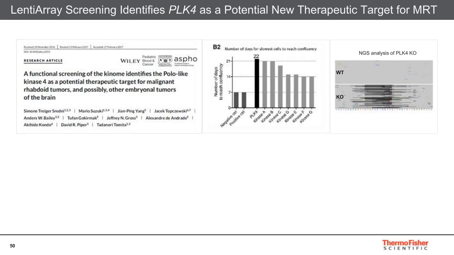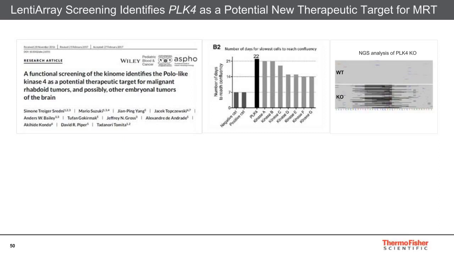Just the gist of the data from the study: the middle plot here shows one of the results from Simone's screening, and what you see here is that the cells that were PLK4 knocked out showed the slowest cell growth as compared to any other targets that she looked at.